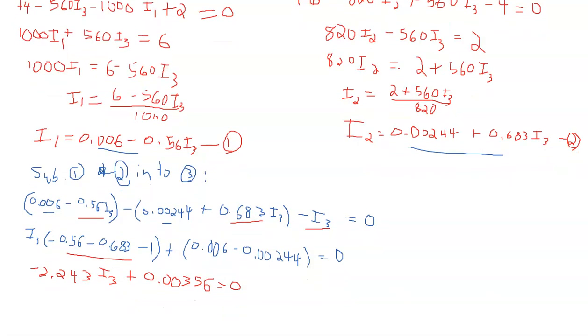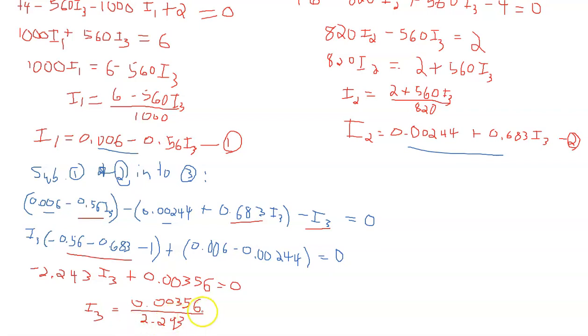So if I move down a little bit, we have then, if we do this, remember that we're going to have now I3 is equal to 0.00356 divided by 2.243. And so these both got negative signs, or both got positive signs.